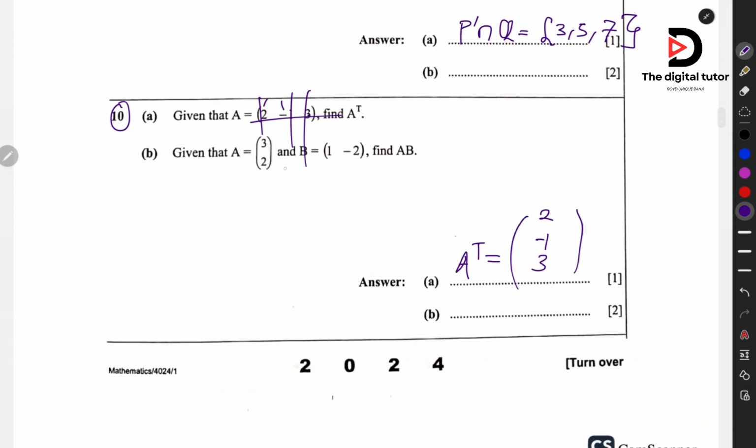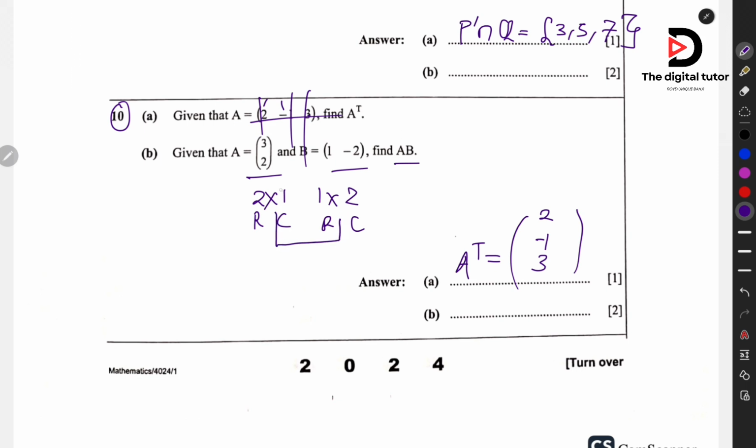Given that this is A, and that, find AB. Now, the condition for matrices to multiply is that, look at this, the order for this one is 2 by 1 and for this one is 1 by 2. By the way, these are rows, these are columns. So for them to multiply, the inside part should be the same.